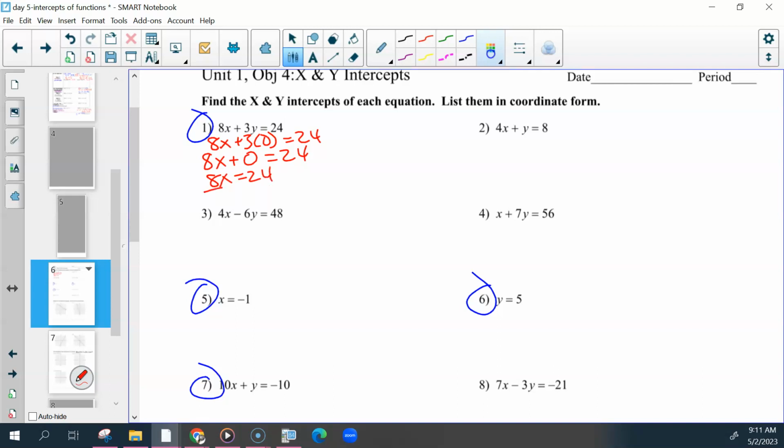And then I would divide. What would our x value be? 3. How would we write our x-intercept as an ordered pair? 3, 0.